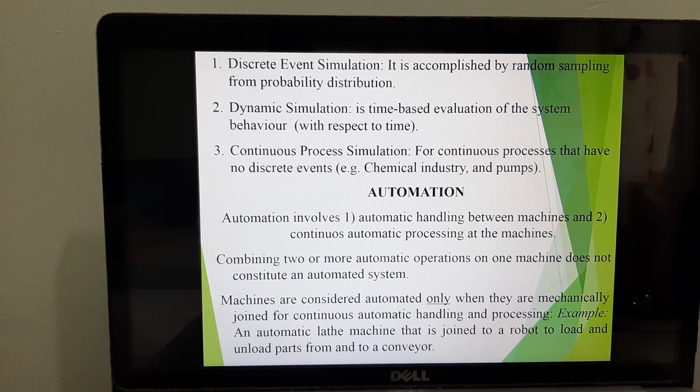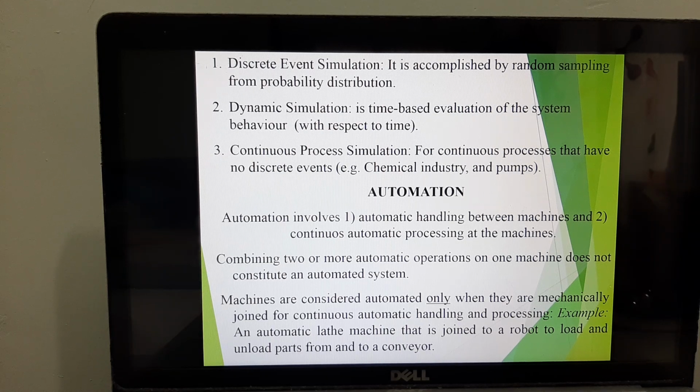Once the operation is done, it will remove the part, place it on the conveyor belt, and it will be transported to the next machine. At the next machine, there will be another robot waiting. It will pick the object, place it in the second machine, and push the start button for the second process to take place. Once it's done, the robot will place it back onto the conveyor belt, and the conveyor belt will move to the third machine, fourth machine, and it will be a continuous process on and on.